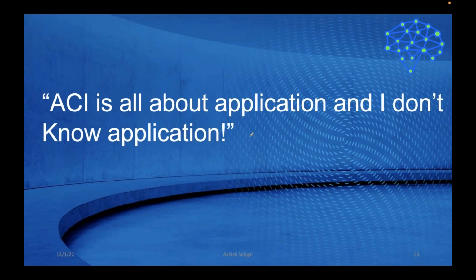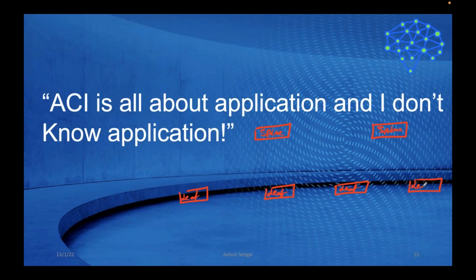First of all, the ACI topology is a two-tier topology, where the upper layer switches are known as spine switches, and the lower layer switches are called leaf switches.